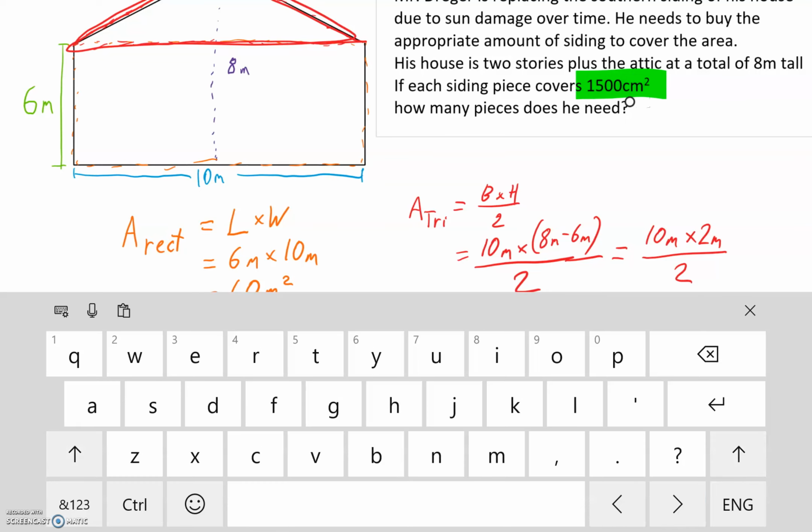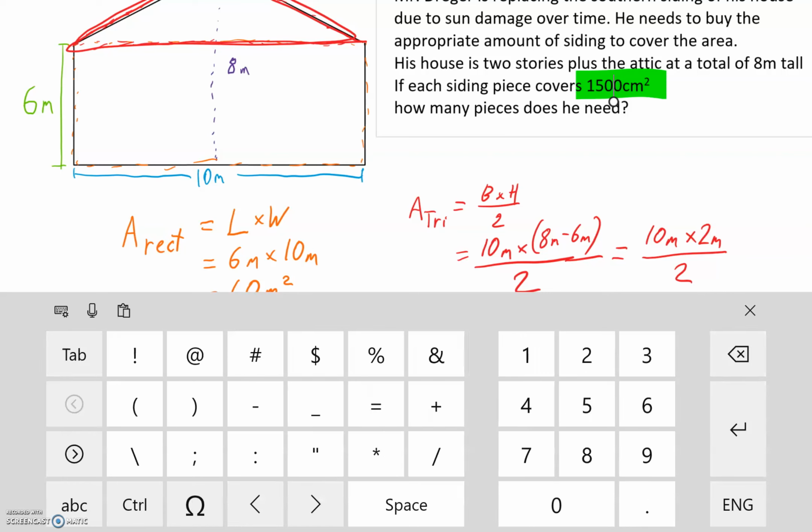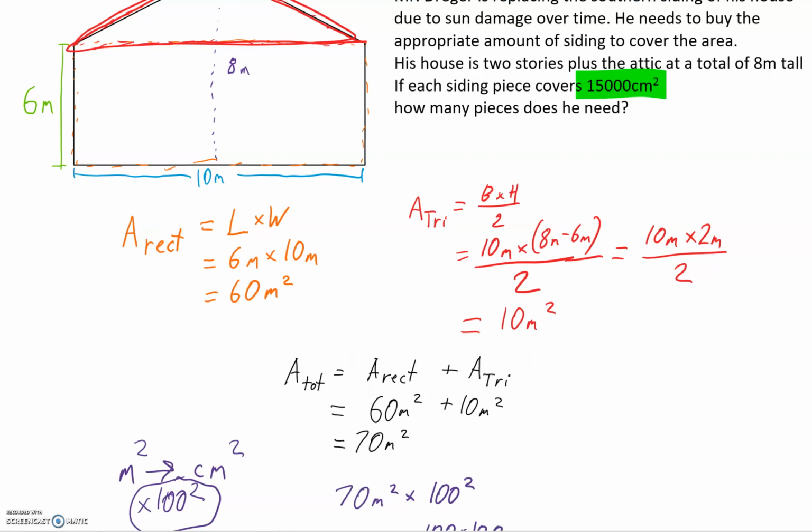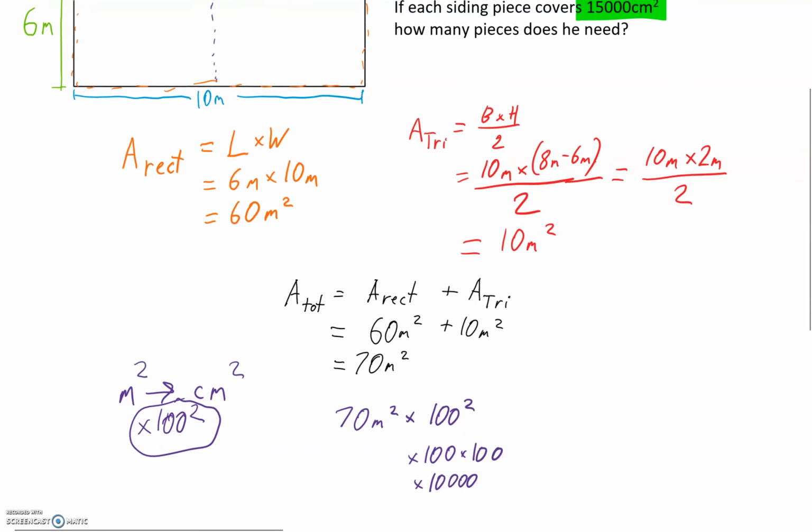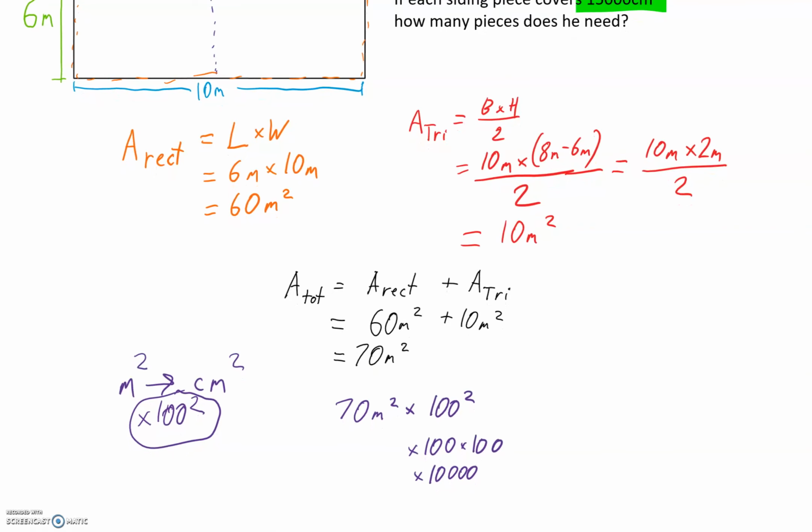Hold on, fix my numbers quickly. Yeah, that'll work out better. Okay, so 70 times 100 squared equals 700,000 centimeters squared.